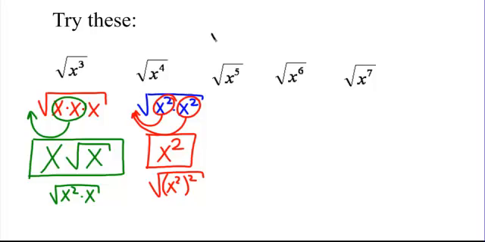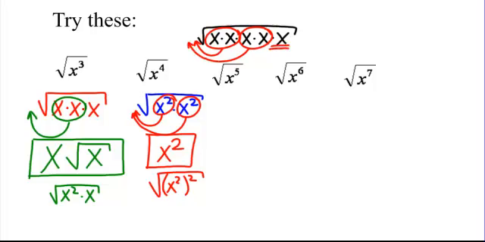If you have 5 x's, that means that there's only a couple of them that can be taken out. You can make a pair here that can be taken out, and a pair here that can be taken out. And then there's one lonely x that doesn't have a friend, so he has to stay inside.